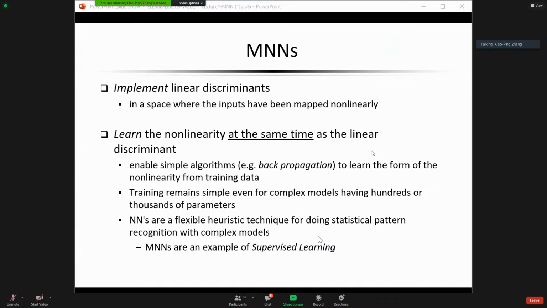So basically, with multi-layer neural networks, it's kind of mapping, right? We are continuously mapping input to output, and we map it non-linearly. What we need to do is learn that nonlinearity.